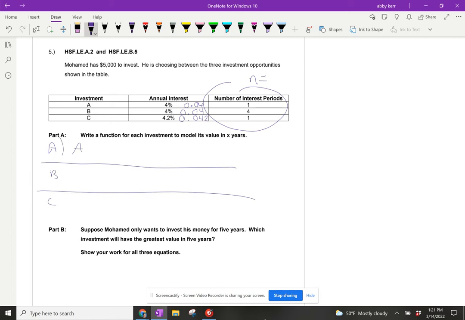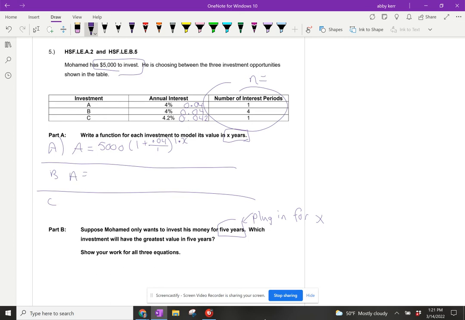So this will be A equals the 5,000 that he wants to invest. It says right here, the 1 plus 0.04 over 1, and then 1 times x. When it's just asking you to write an equation, you can use the number or the letter x. Here is when you plug in for x.